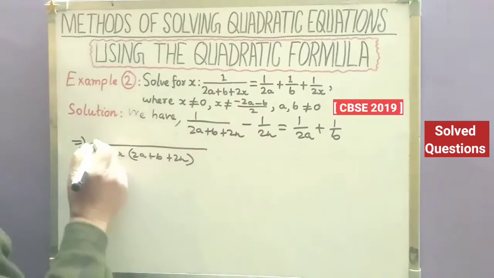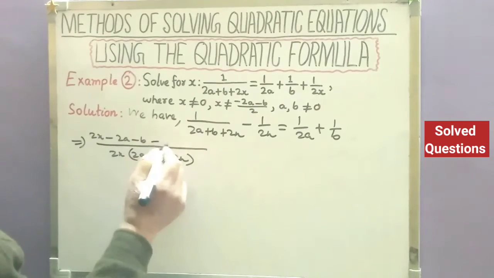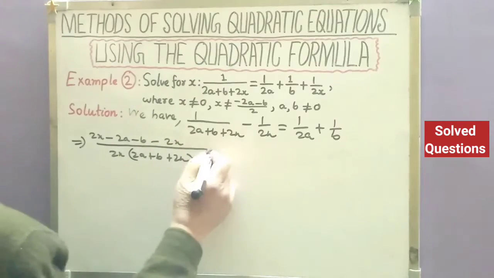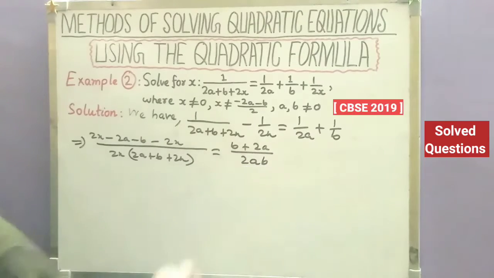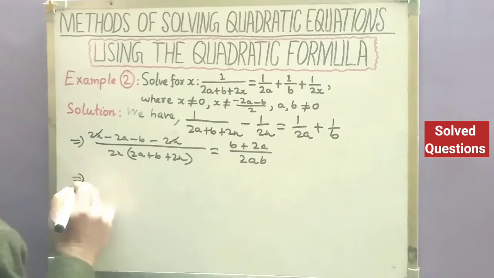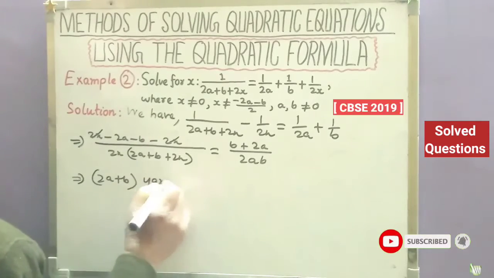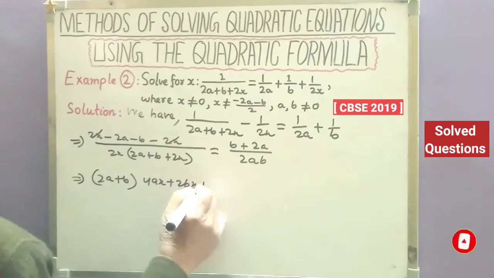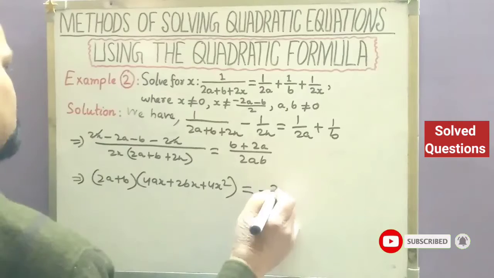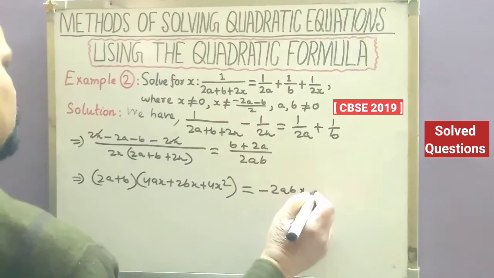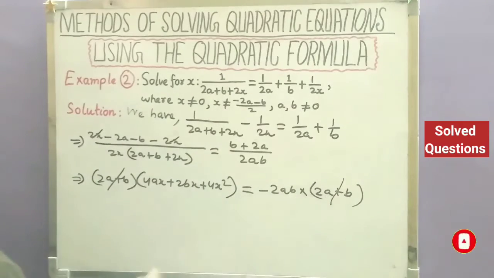On simplifying, we get (2x minus 2a minus b minus 2x) upon 2x into (2a plus b plus 2x), that equals (b plus 2a) by 2ab. Cross multiplying and simplifying, we get (2a plus b) into (4ax plus 2bx plus 4x square) equal to minus 2ab into (2a plus b).